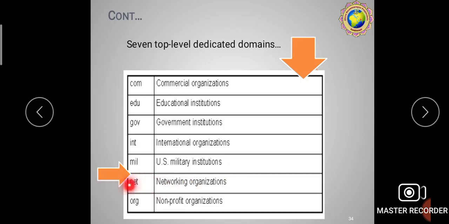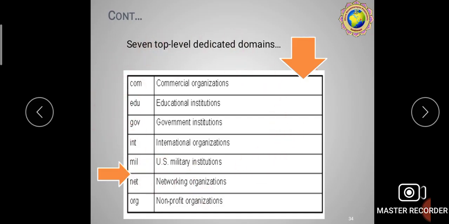Here .NET is our domain, not the subject name .NET programming; here .NET means networking organization. It is a domain, not a subject. Okay. .org means non-profit organization. So these are our 7 top level dedicated domains.